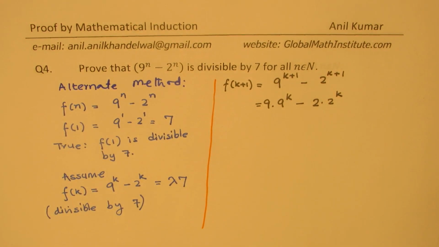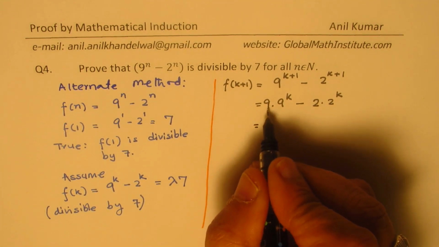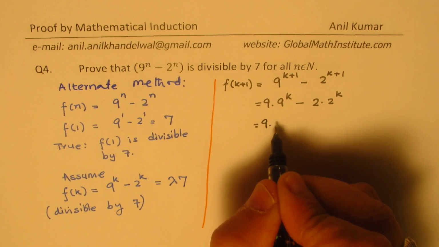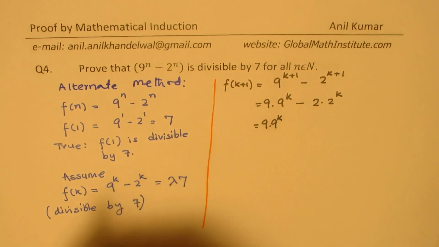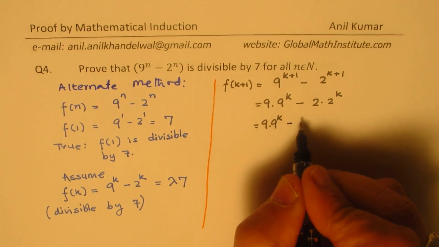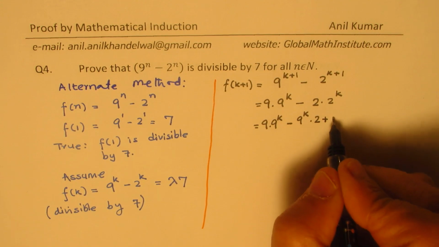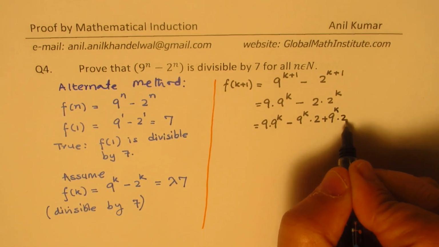To prove this, what we can do is that we can add and subtract a term just as we did in our question number 2 solution. So 9 times 9 to the power of k. Since we need minus here, so we'll subtract a term which will have 9 to the power of k times 2, and we'll also add 9 to the power of k times 2.